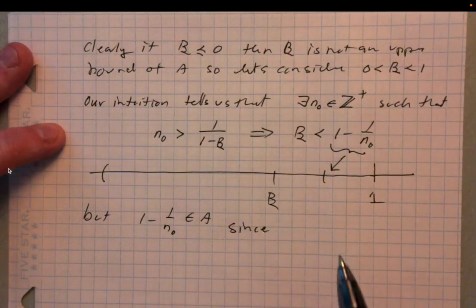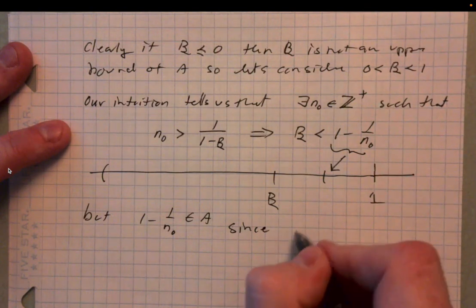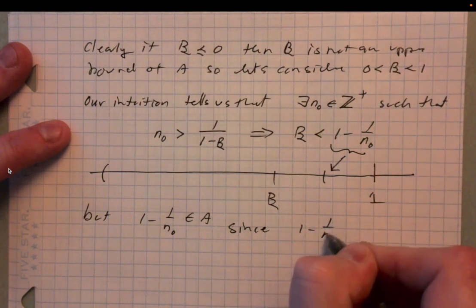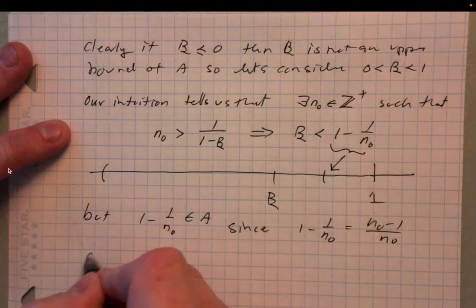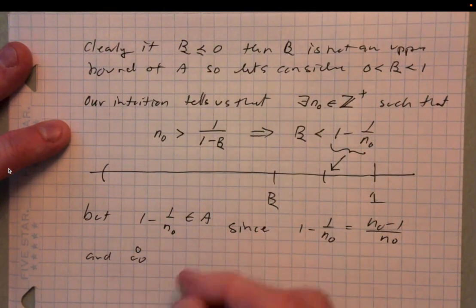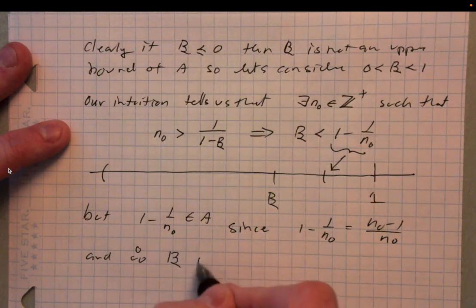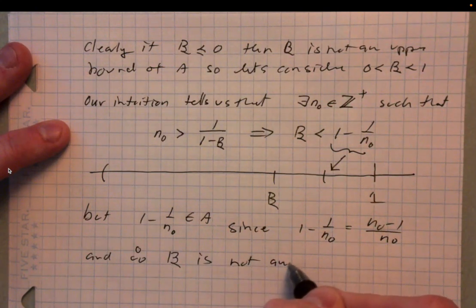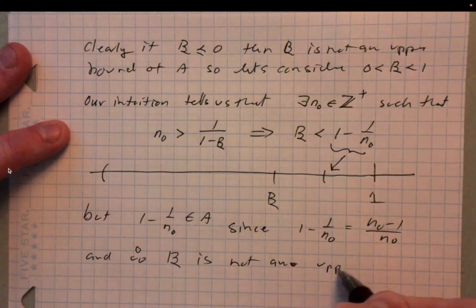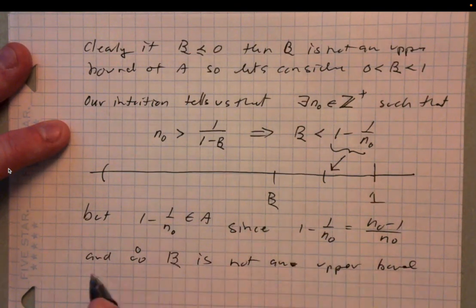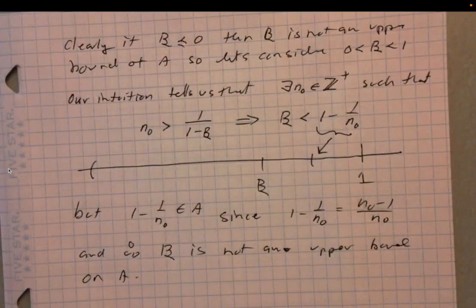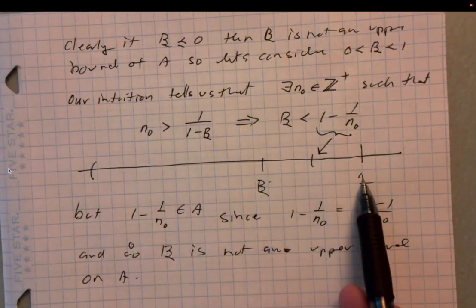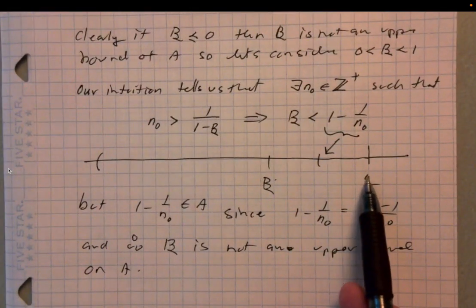Just to clean this up a little bit, 1 minus 1 over n naught equals n naught minus 1 over n naught, right? And therefore, beta is not an upper bound on A, right? Because what have I done? I've gone and found an x between beta and my supposed supremum.